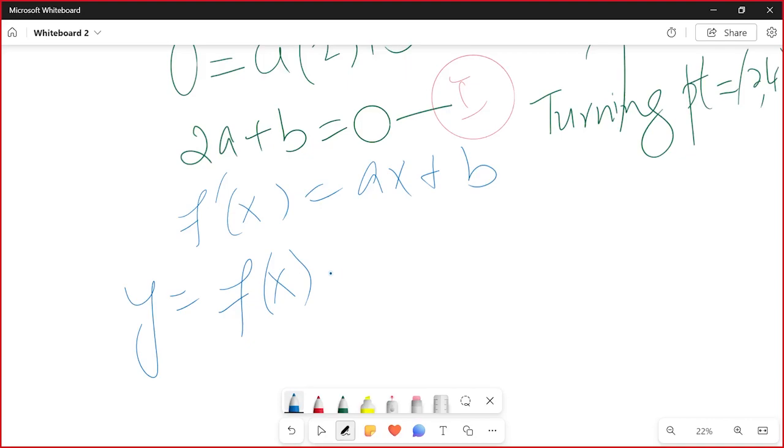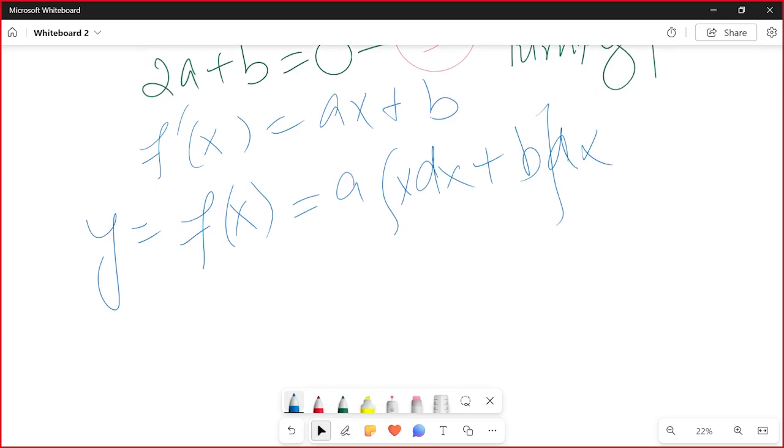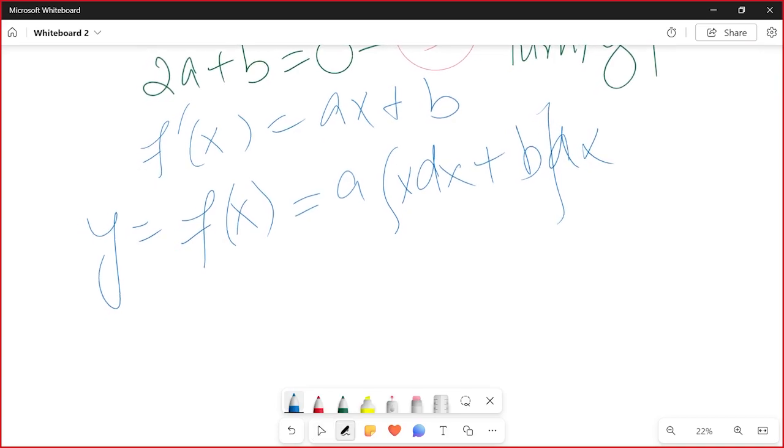Just anti-differentiate, so it would become ax dx plus b dx. So this becomes ax square over 2 plus bx plus c. This is our y.